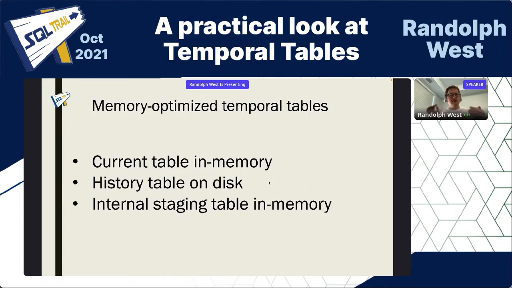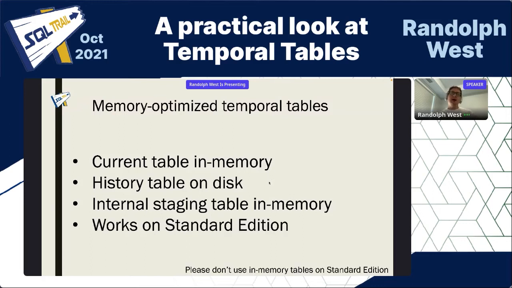It doesn't use data pages like you're used to. So the internal staging table has to translate that row into something that is recognized by the regular buffer pool. And then it goes and writes it away to the history table. Cool. That's resource intensive. Yes, it is. And it requires more memory than you think. And here, it works on Standard Edition, but please don't do it.